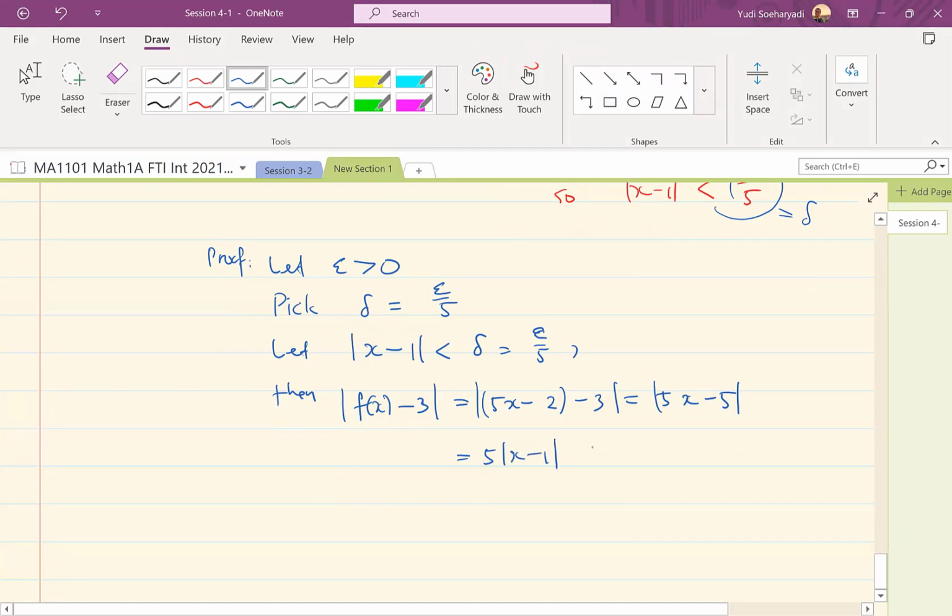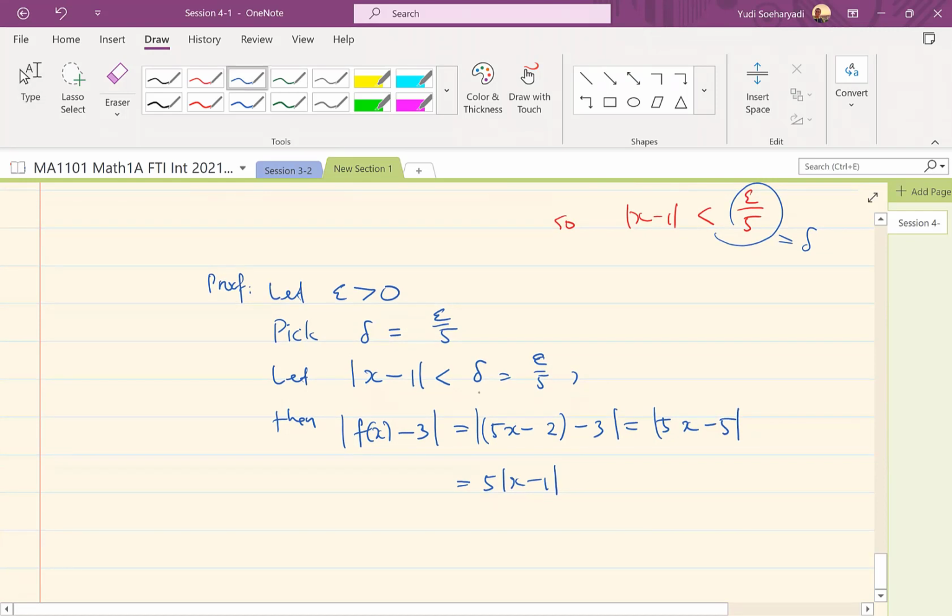And because x minus 1 is less than epsilon over 5, from here, okay, you see that the 5 cancels, so there's epsilon.